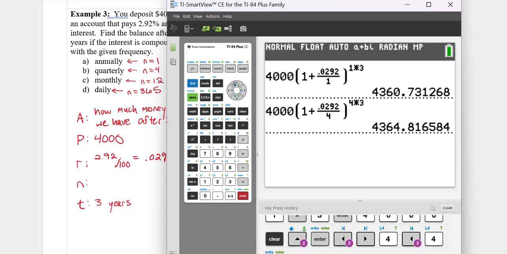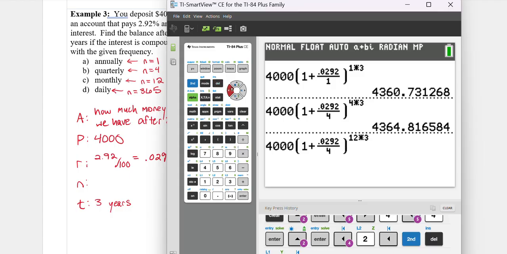We just highlight that, change the 4s to 12s, make that a 2, and then second delete. Well, let me insert something. There we go. There we go, $4,365.74.